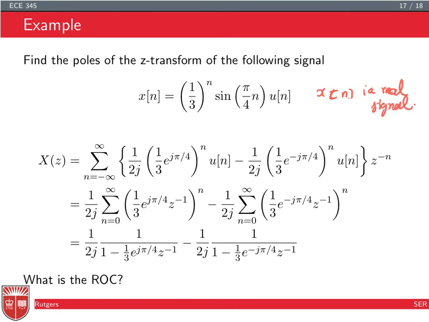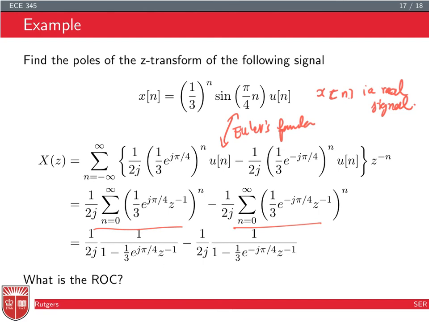But still we can get complex poles. If you do it using Euler's formula, all we need to do is use Euler's formula, then you divide the sine, and then you have these two parts, and you apply the formula we know, and you get a nice expression of the z transform.